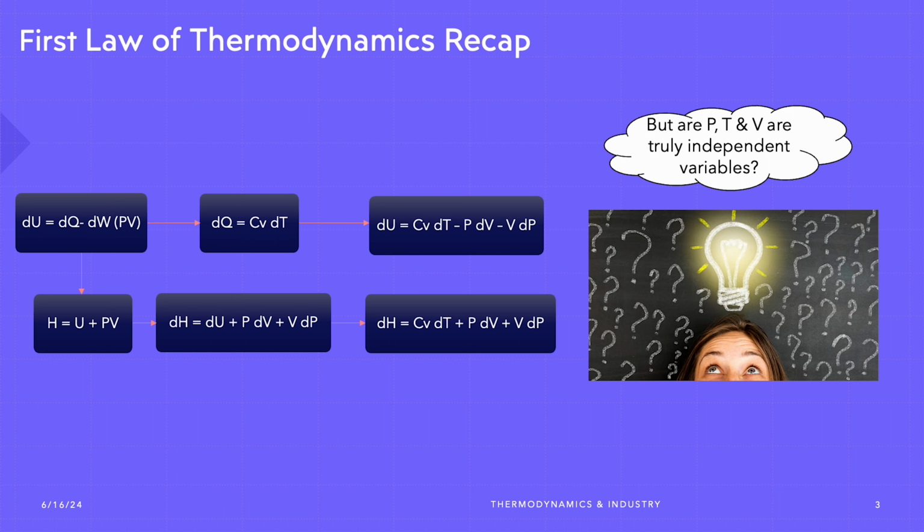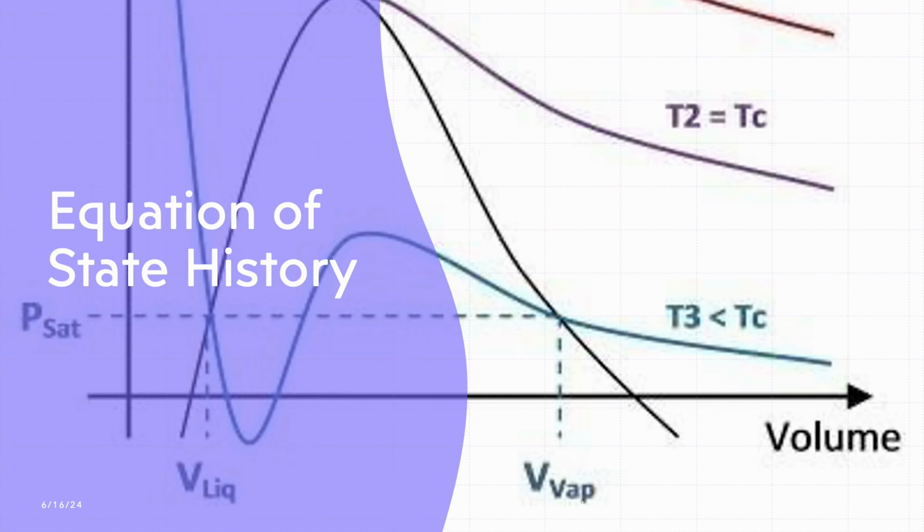Then the next logical step was to ask, is there any way that pressure, temperature, and volume have any interdependency, or are they truly independent of each other? Right. Which takes us now to the equation of state history.